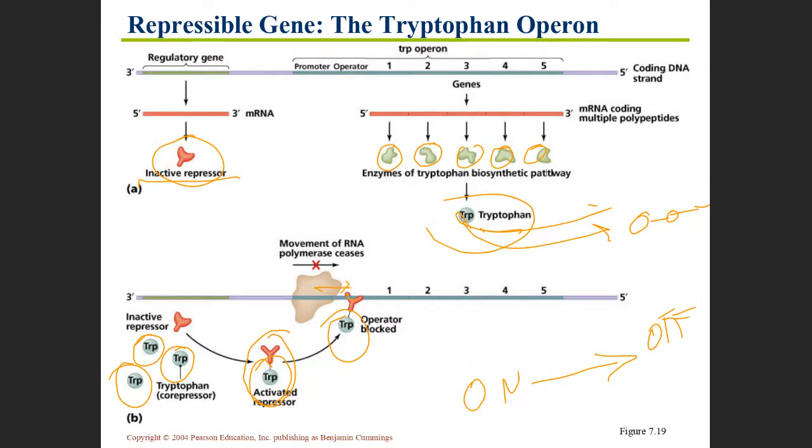So it's essentially a physical block. Okay? So that's how the gene will be turned off if the products of the gene are not needed anymore. The end product accumulates, end product binds to a repressor and activates it. The repressor can now sit on the operator and block RNA polymerase. So that's the repressible gene.